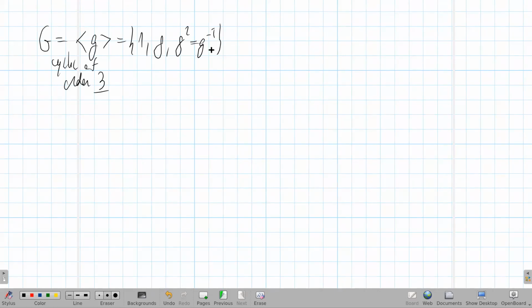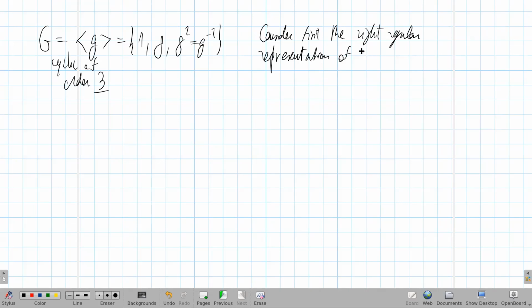And once more, we first consider the right regular representation of G over itself.